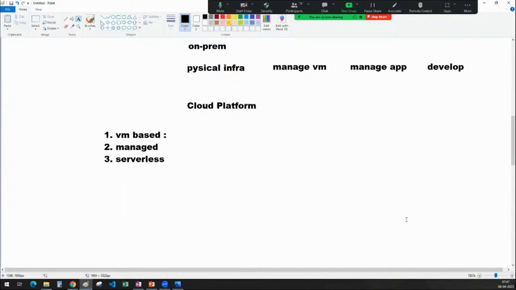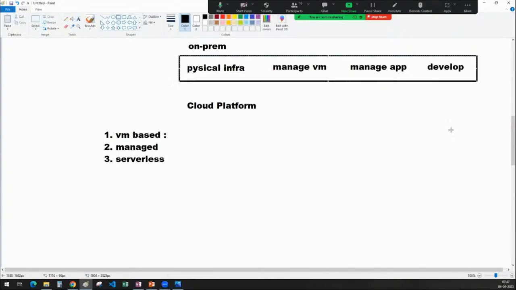Again, we have to manage the application configuration, and finally we can develop the solution on top of that. So in on-premises, you as a person have to manage all of these things. But if you go to the cloud platform, what is the main advantage? Let us see one by one.